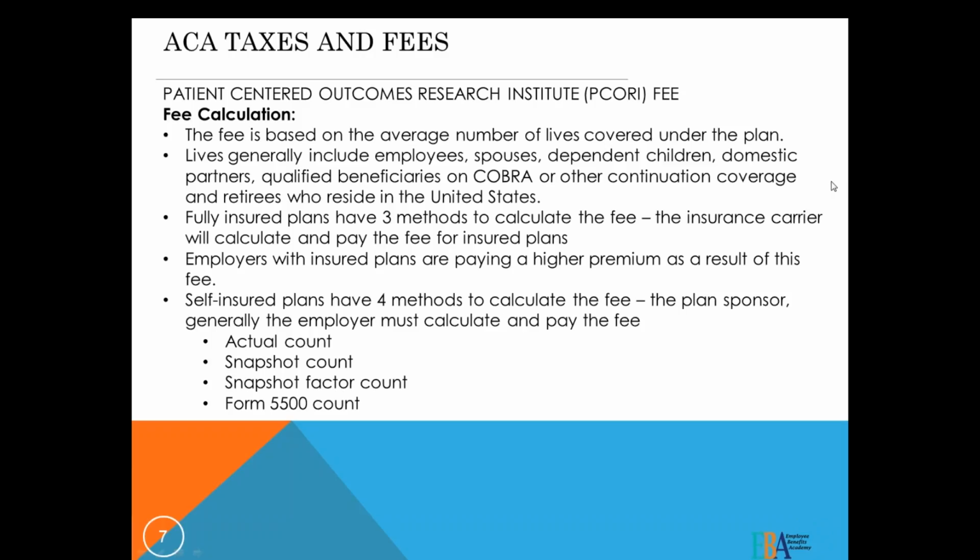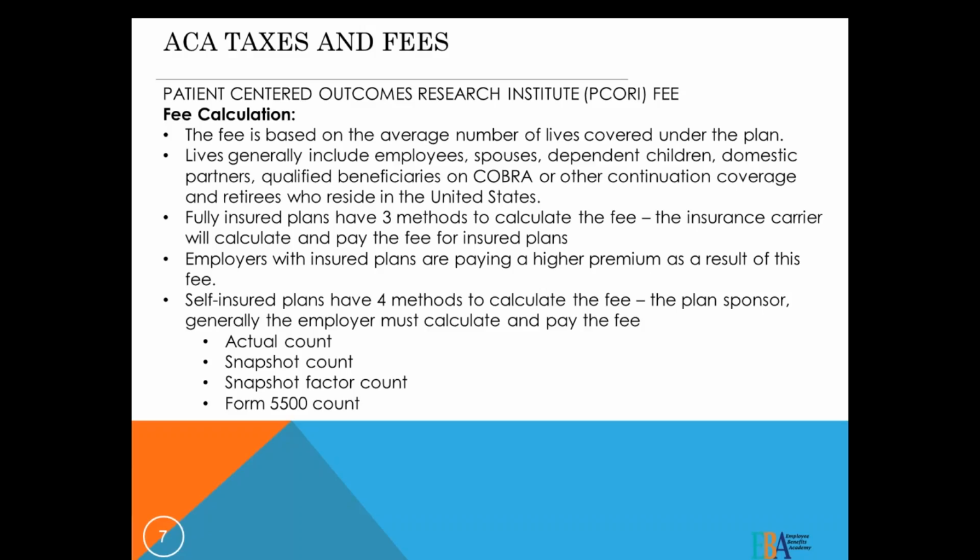As noted earlier, the fee is paid on the average number of covered or enrolled lives, which includes dependents. Also, don't forget about your COBRA participants or anyone on state continuation. Employers with fully insured plans will have the fee paid by the insurance carriers. As I mentioned before, carriers have 3 methods to calculate the fee.